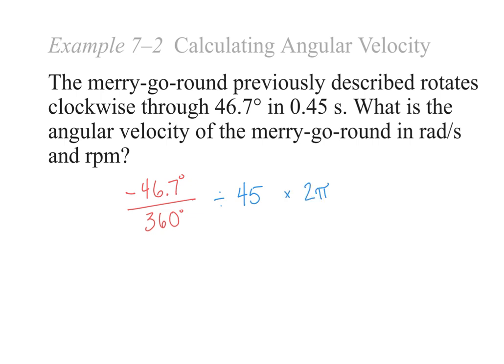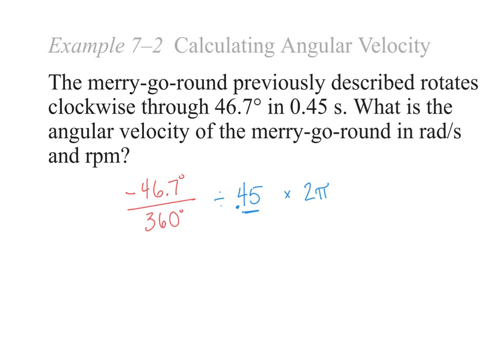Now in your calculator, you do want to make sure that you don't put any parentheses around this 0.45. It will do order of operations, all right? So it will do negative 46.7 divided by 360 divided by 0.45 times 2 pi, all correctly.